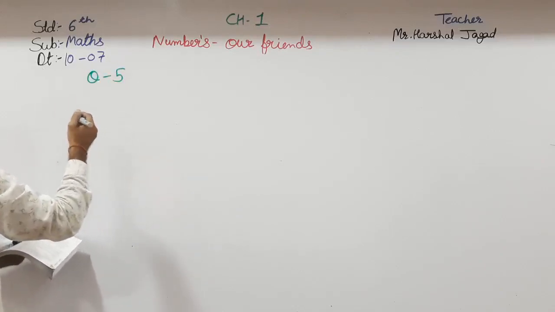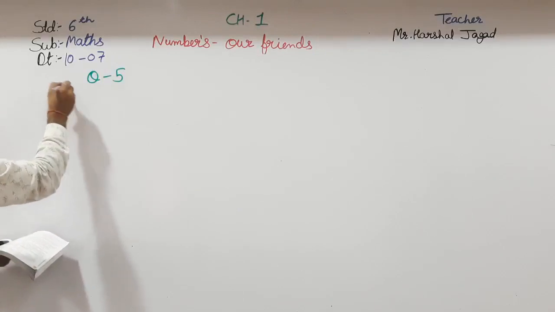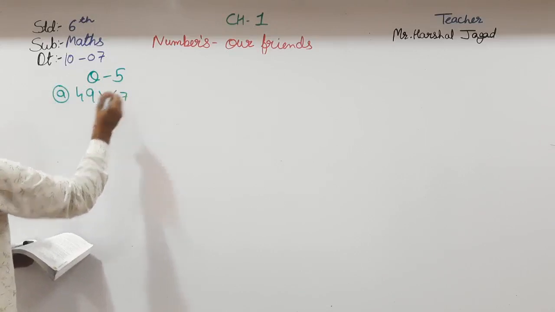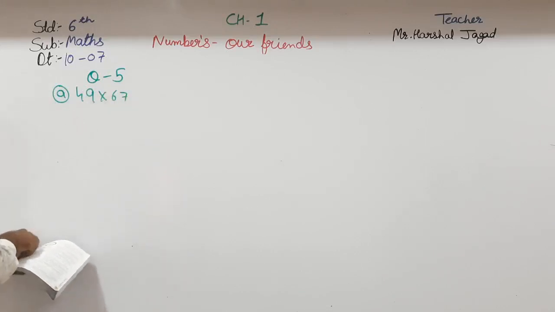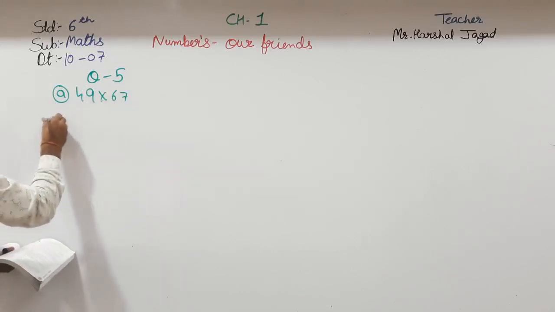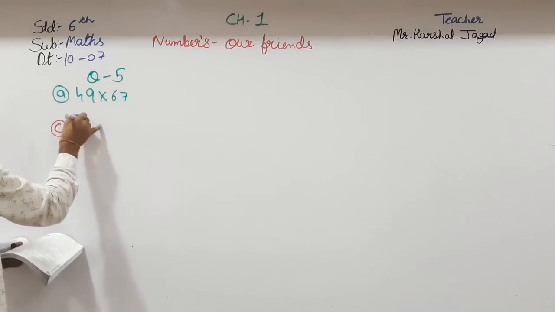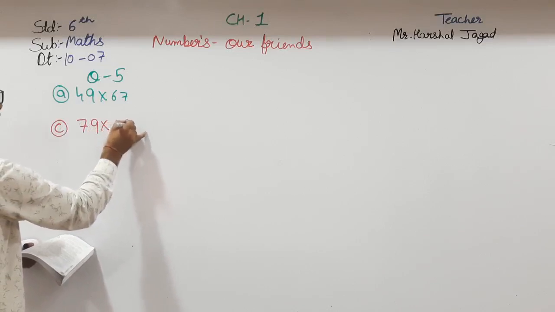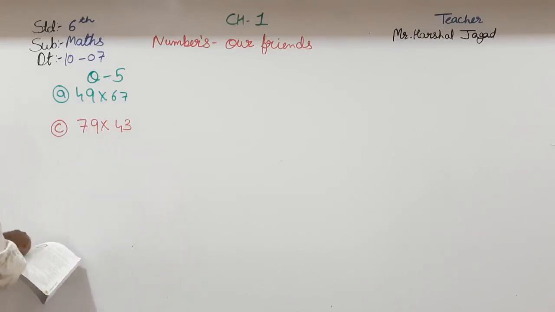We will do A, 49 into 67. Next one C, 79 into 43.